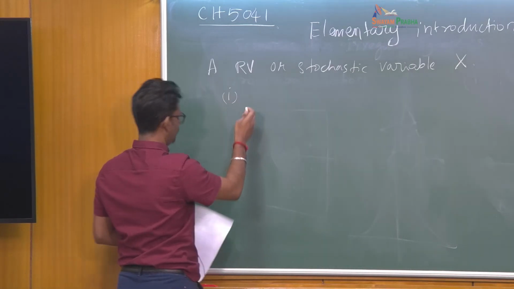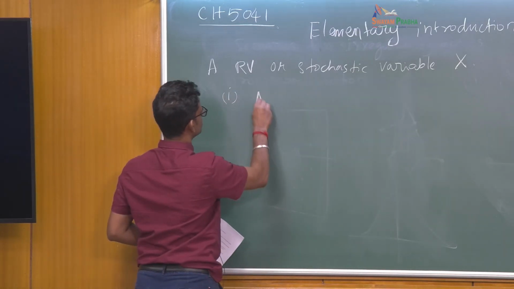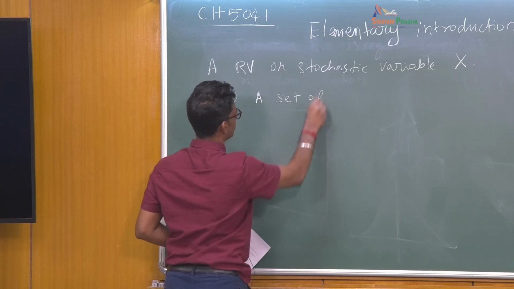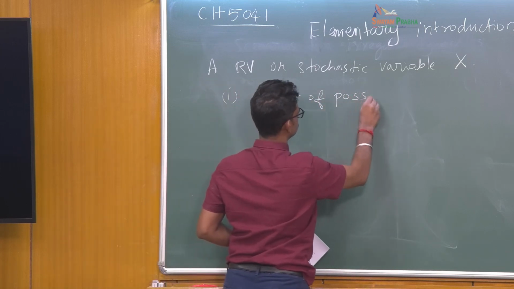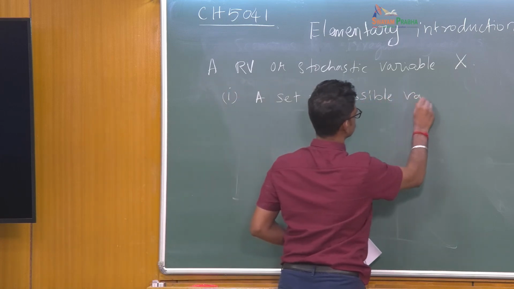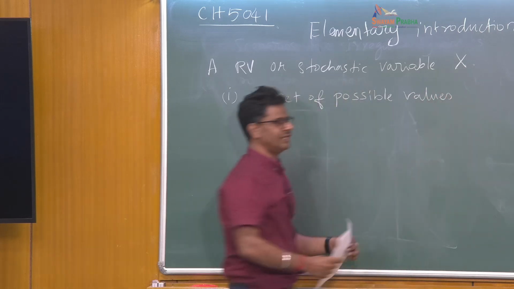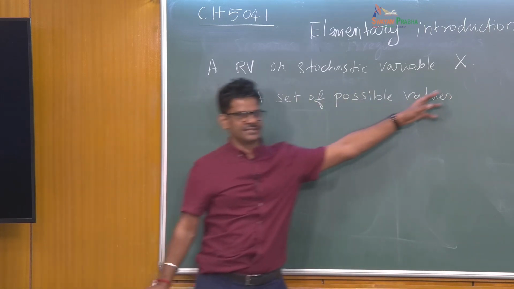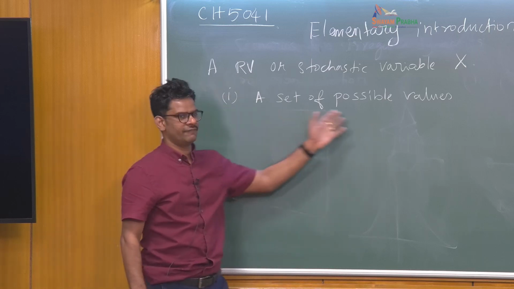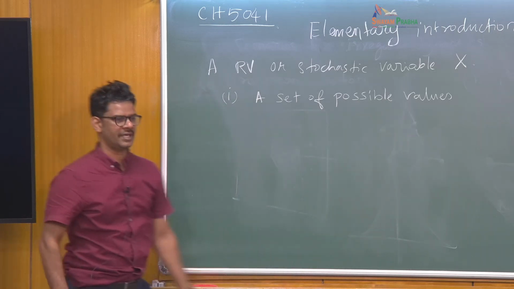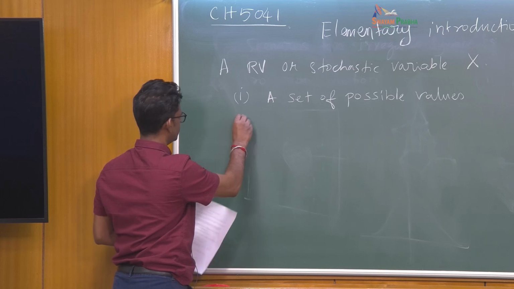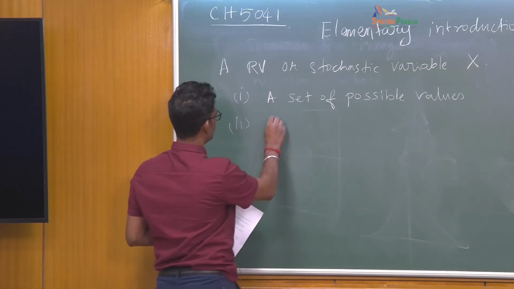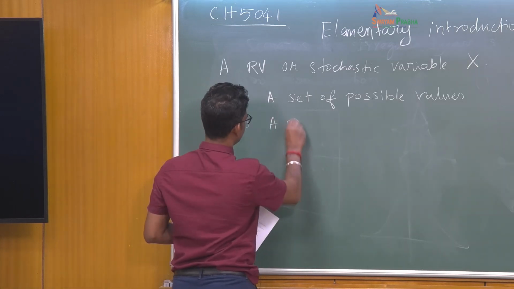One is that it is defined over a set of possible values. So we have already introduced the probabilistic character to this variable X. X can take a well-defined set of values. And the second is that it has a probability distribution over this set.